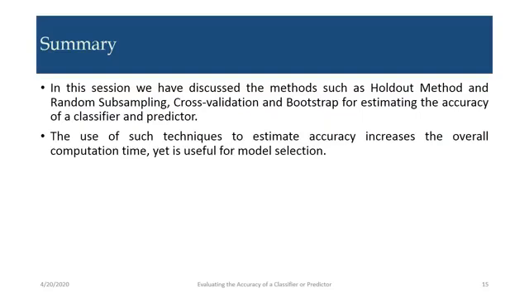In our earlier sessions we saw how to design a classifier and how to calculate its accuracy. Here we focused on how these methods are applied on the data set to estimate the accuracy of a classifier or the error rate of a predictor.